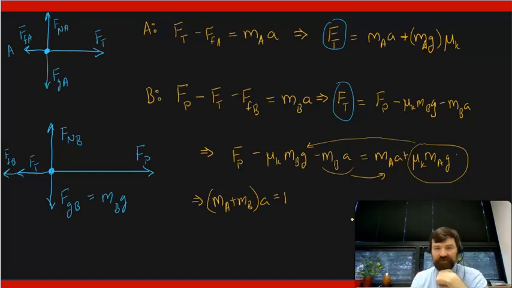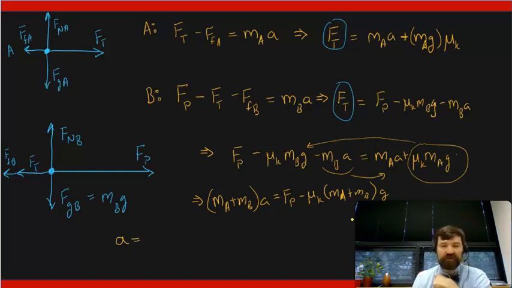So this looks like force pull minus the mu k times mass A plus mass B times g. Okay, so now we can actually solve for the acceleration.